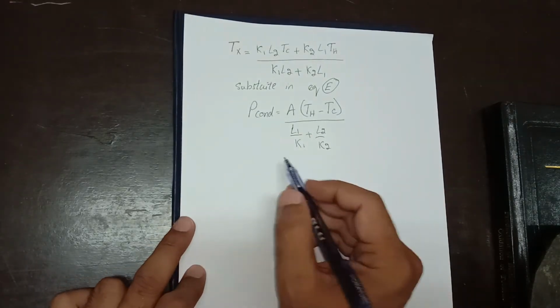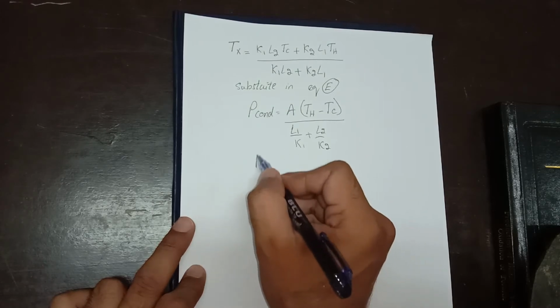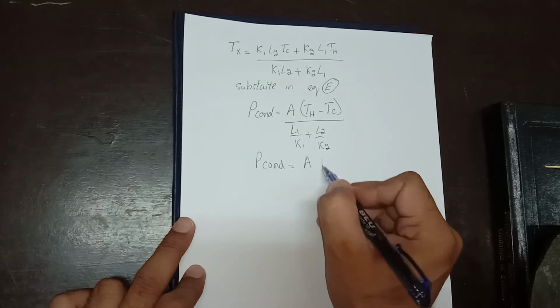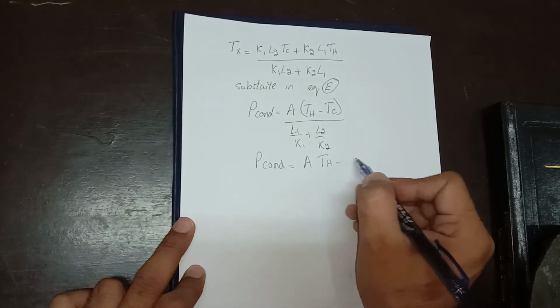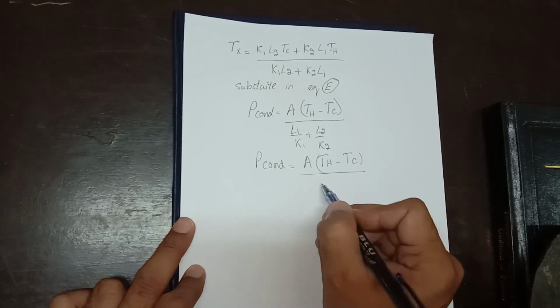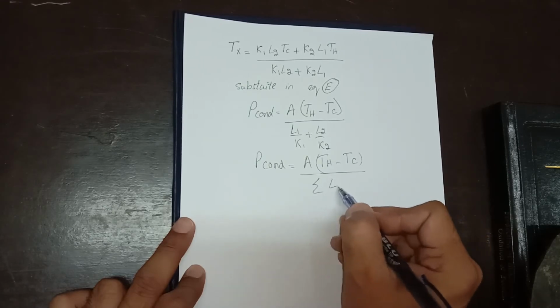In a more appropriate form, you can write this conduction rate as A times the hot reservoir temperature minus the cold reservoir temperature over, let's call this, summation L over K.